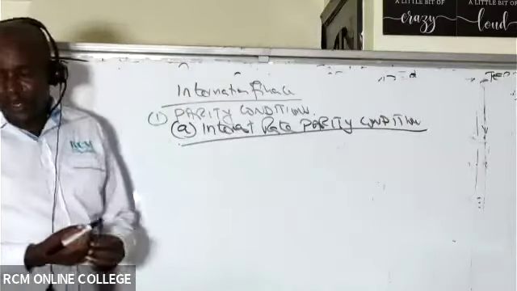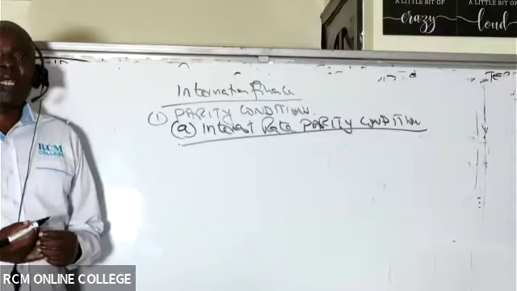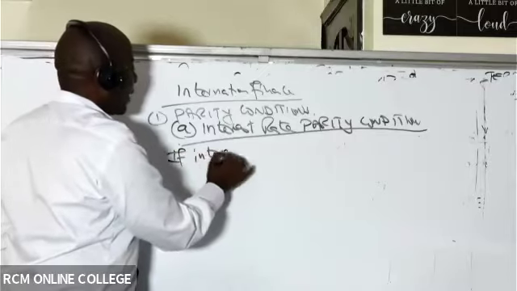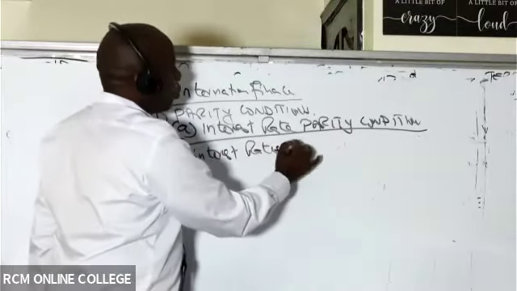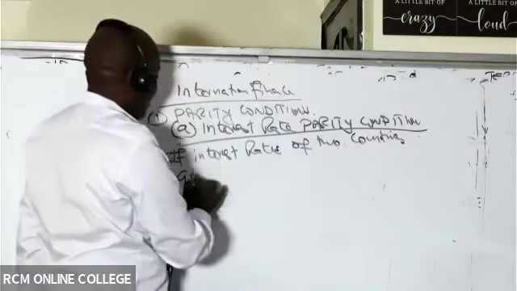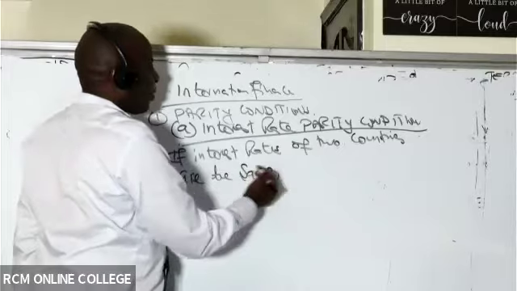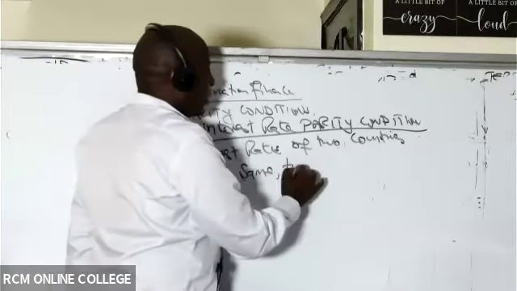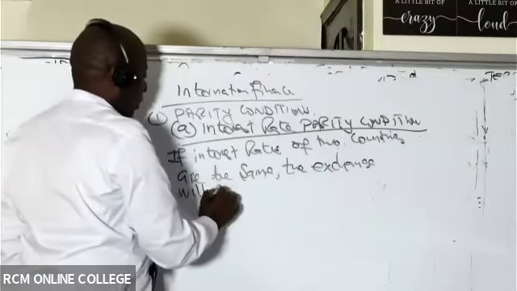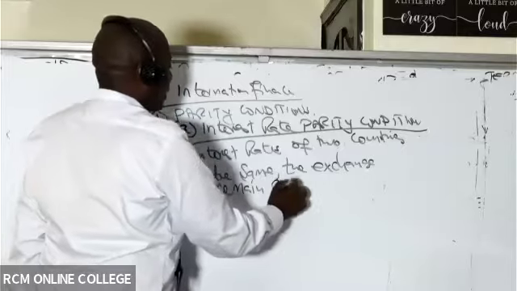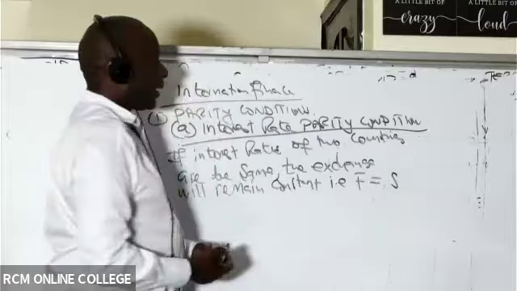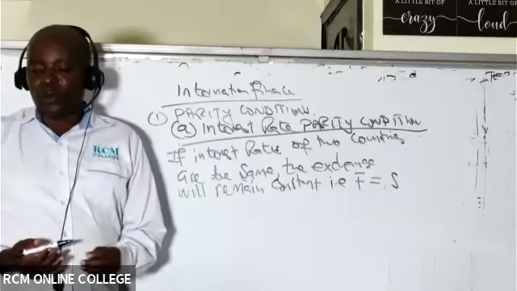It says that if interest rates of two countries are the same, the exchange rate will remain constant, i.e. F will be equal to S.